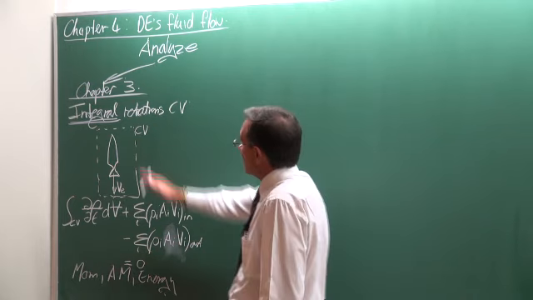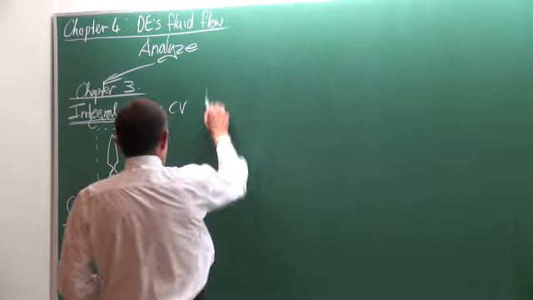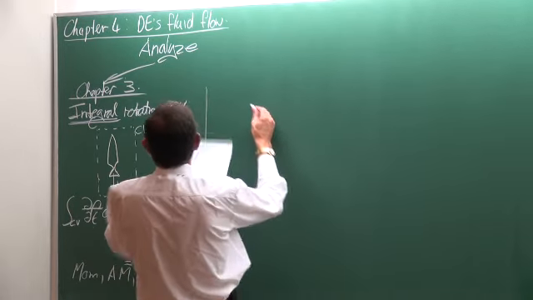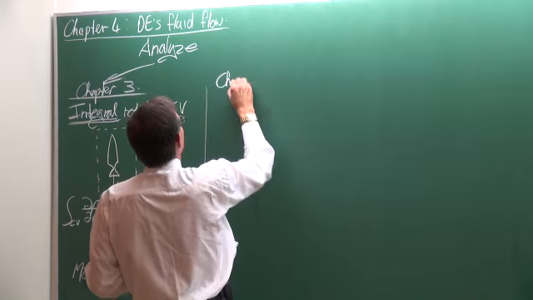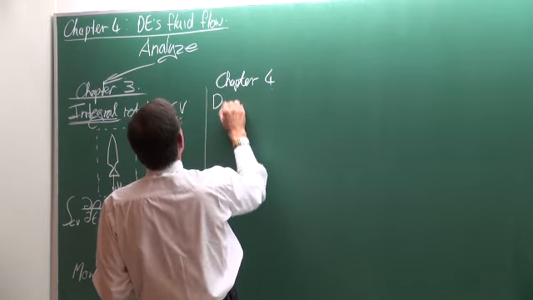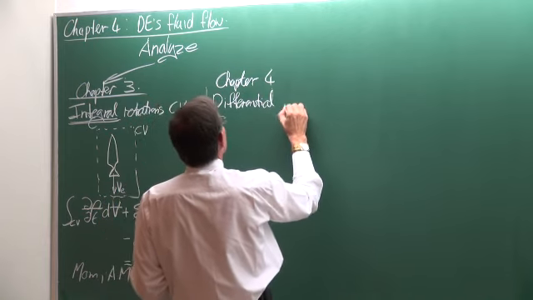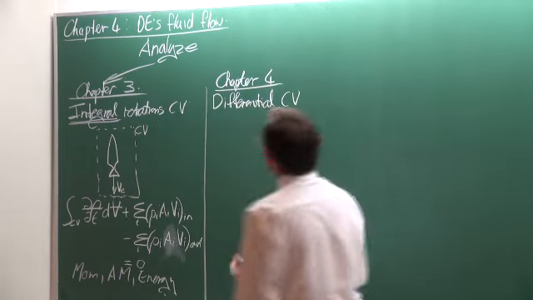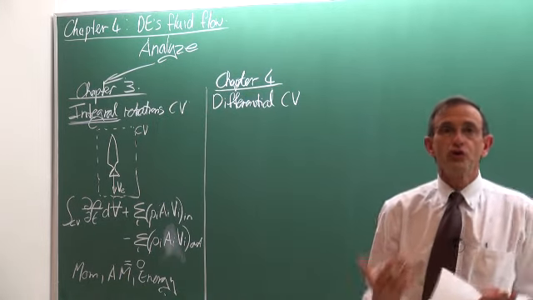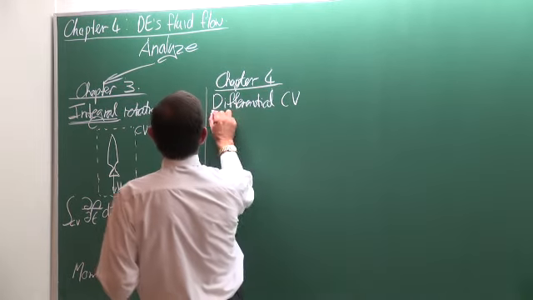And they are all known as integral relations. Now, what we're going to do now is we are going to look at chapter 4, in which we're going to look at the differential equations over or through a control volume, the differential ones.